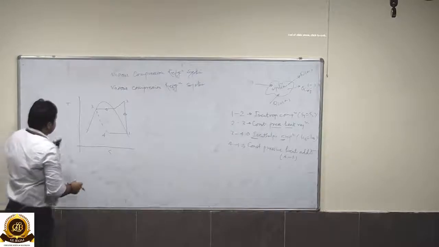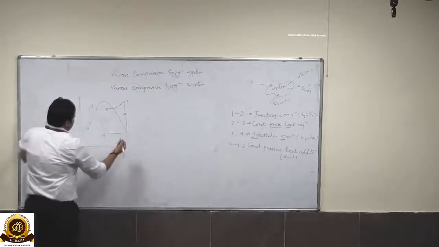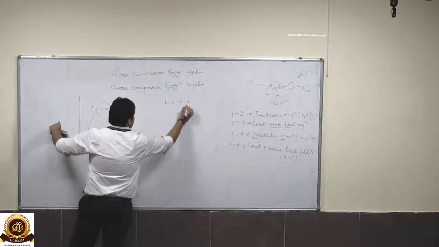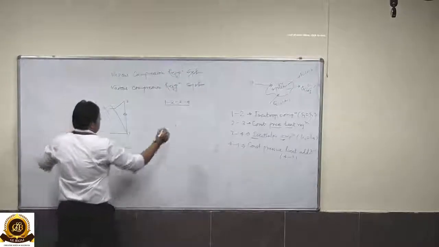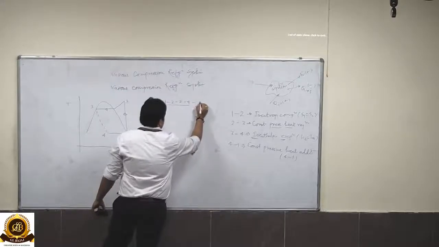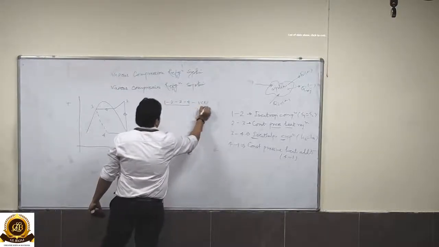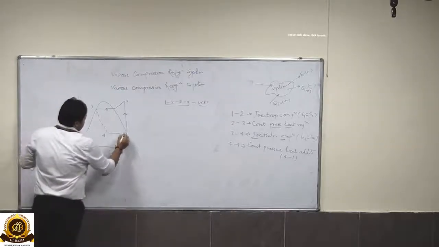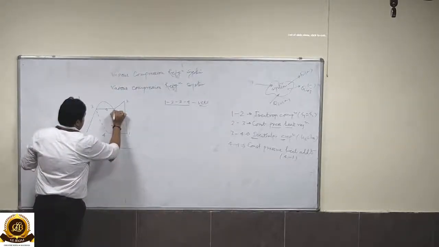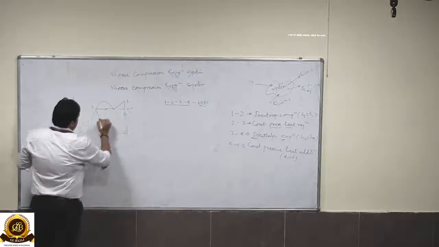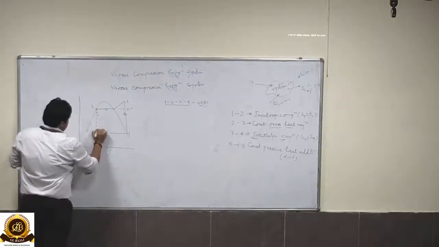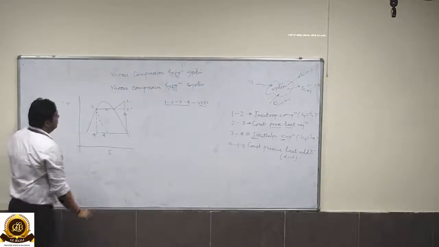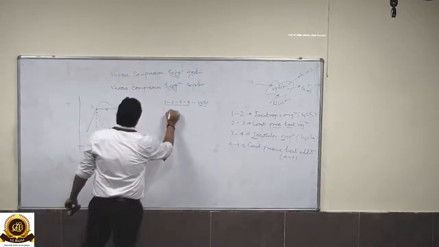Now, the cycle 1, 2, 3, 4, 1, 2, 3, 4, which is shown here, is a VCRS cycle. 1, 2, 3, 4 is the VCRS cycle, while process 1, 2 dash, 3 and 4 dash is the reverse Carnot cycle.